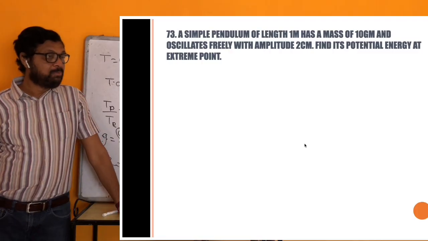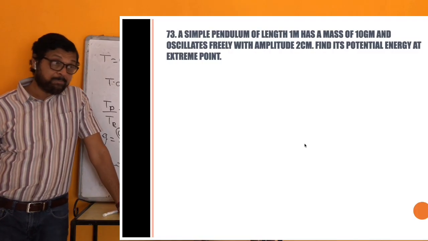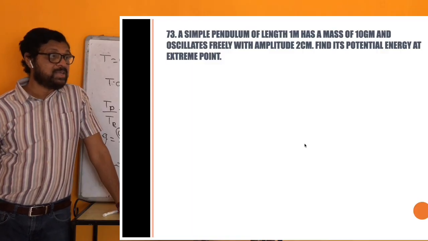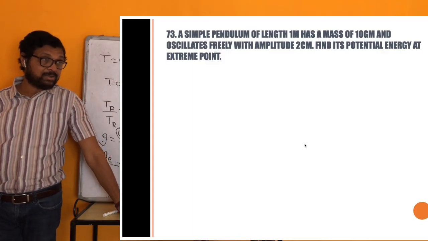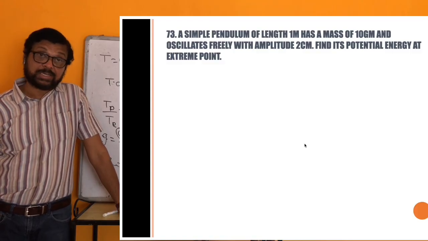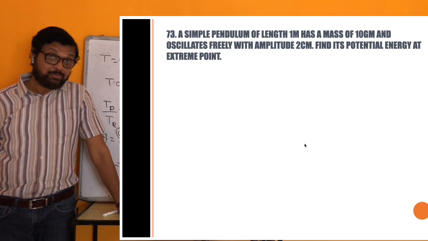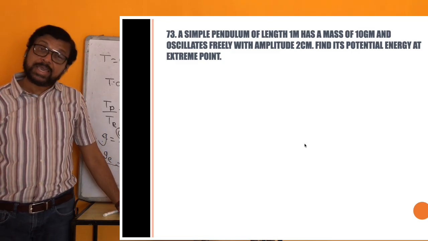A simple pendulum of length 1 meter has mass of 10 gram and oscillates freely with amplitude 2 centimeter. Find its potential energy at the extreme point. Potential energy at the extreme point means where x is equal to a.